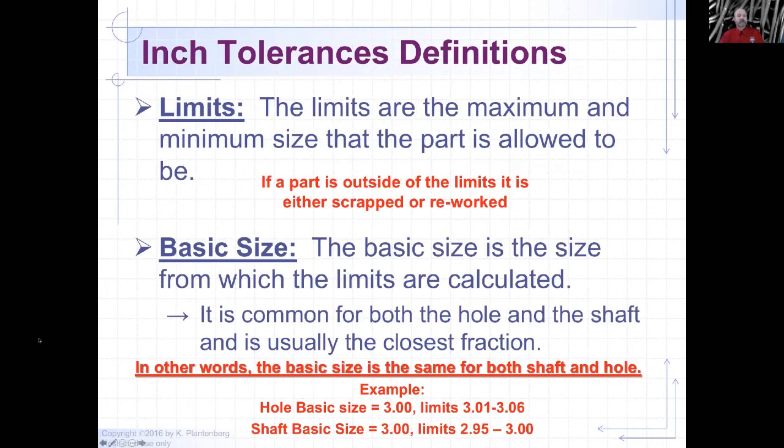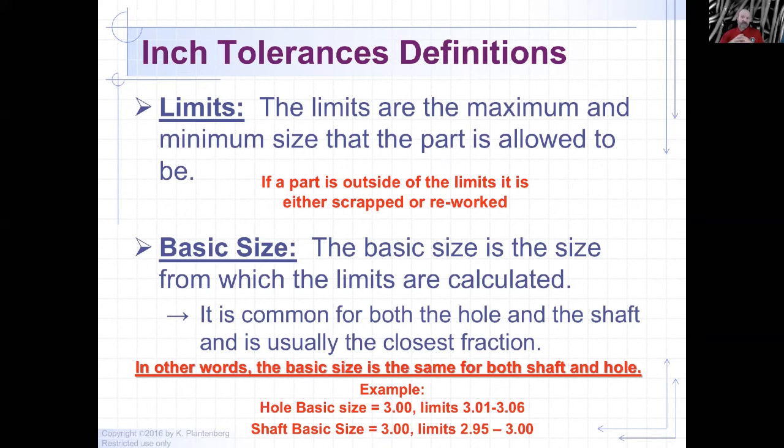So inch tolerance definitions. All right. So the limits are the maximum and the minimum size that the part is allowed to be. So if it's outside of those limits, even a thousandth of an inch bigger than what you say it can be, it's scrap. Or you can maybe rework it.